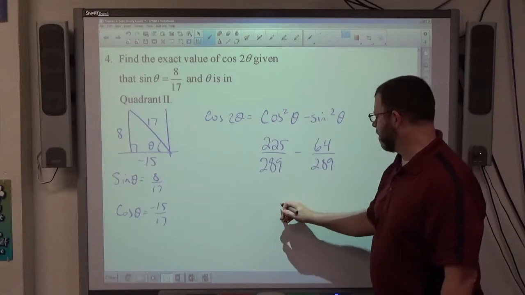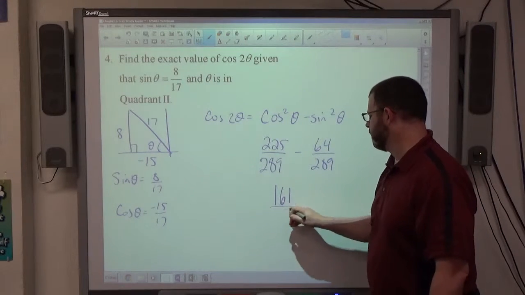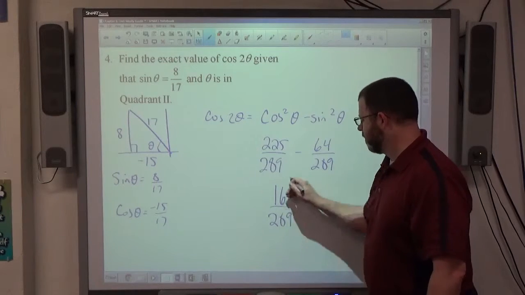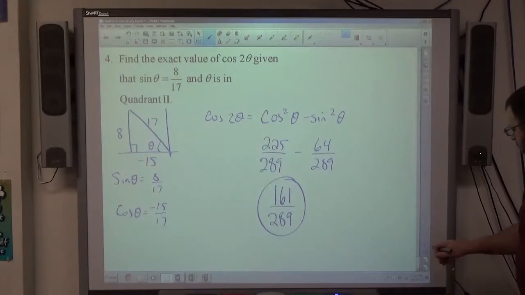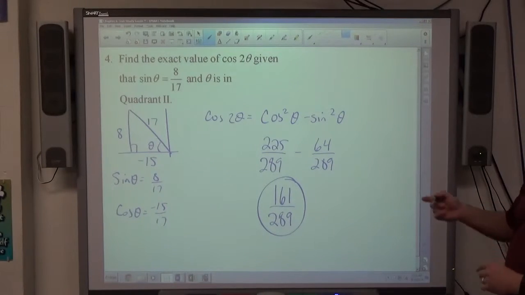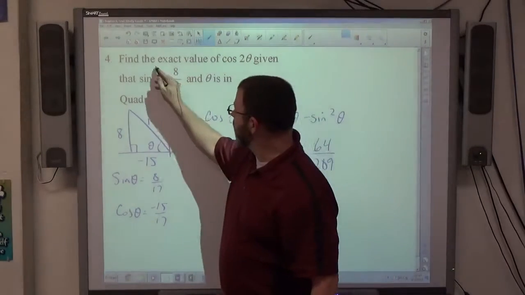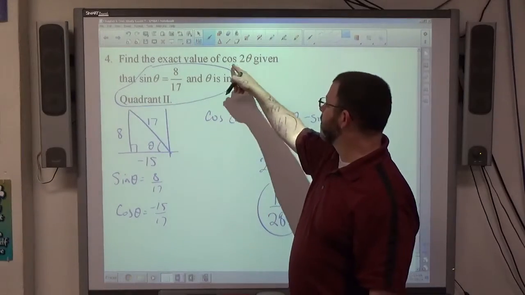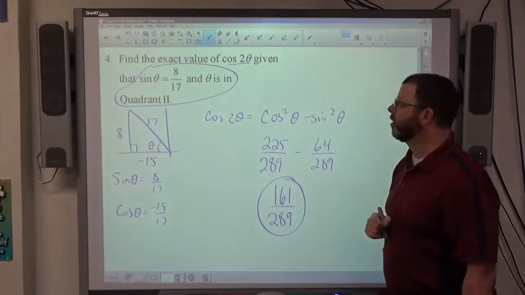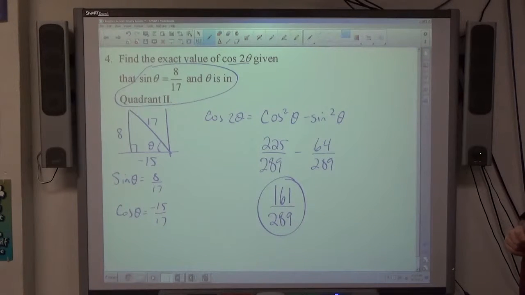Subtract those, 225 minus 64 is 161/289. I'm going to give you this type of information, like so, and I'm going to be asking for either sine, cosine, or tangent of 2 times the angle.